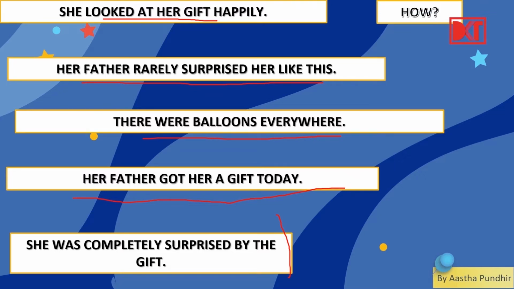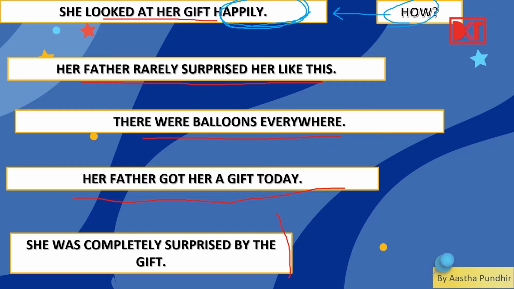Now, you see the first question. The first sentence is answering the question how. And you identify which word in it is answering this question. Happily. So what is the adverb here? Happily.